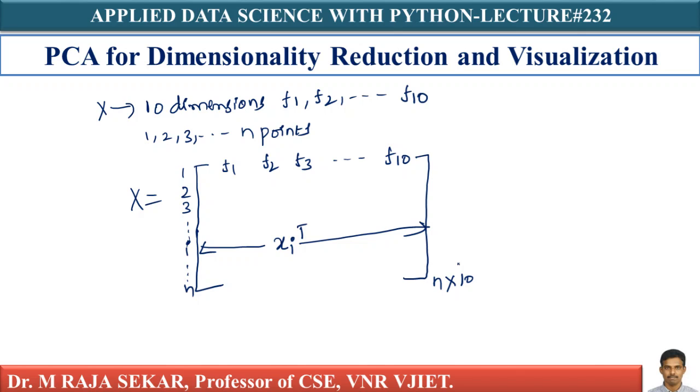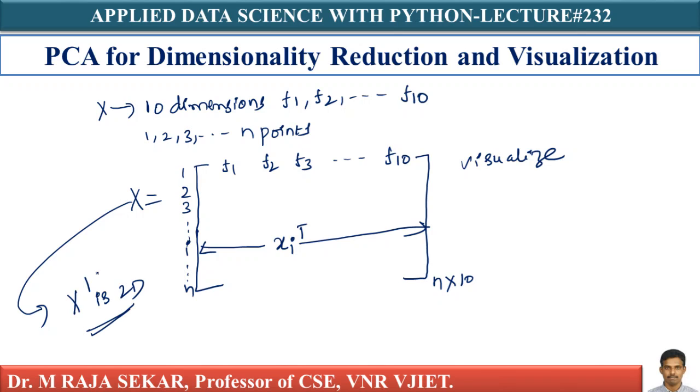Now I want to visualize this data, but it's difficult to visualize as it has got 10 dimensions. What does it mean? It means I want to convert this capital X into X dash, which is of 2 dimensions.